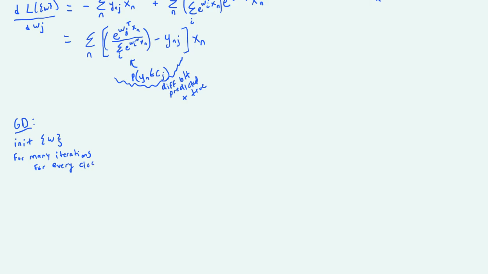So for every class k, we'll update wk at the next time step: take the current time step and subtract some step size times our gradient with respect to that weight vector. And we already know what this is because we just solved for it.